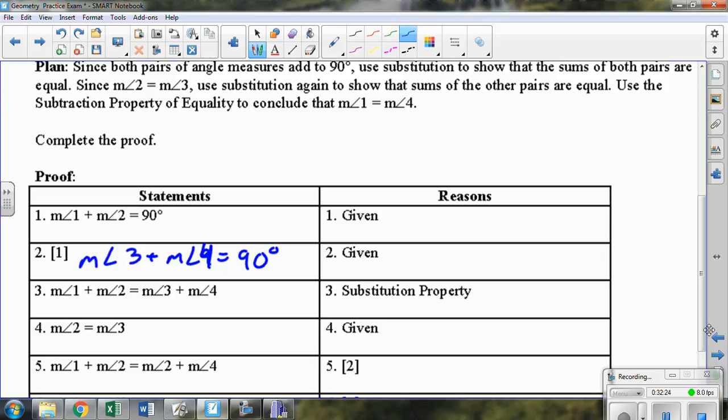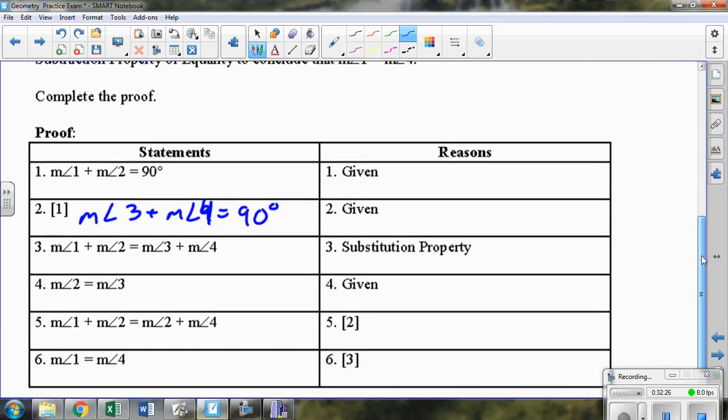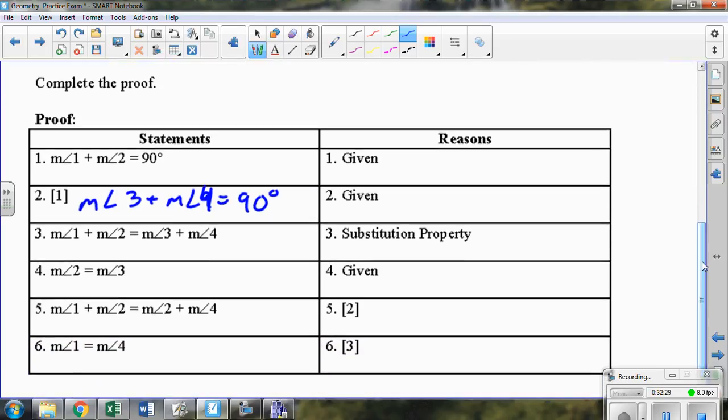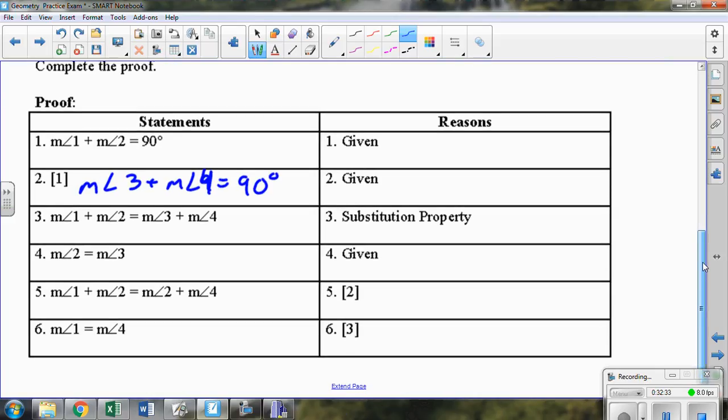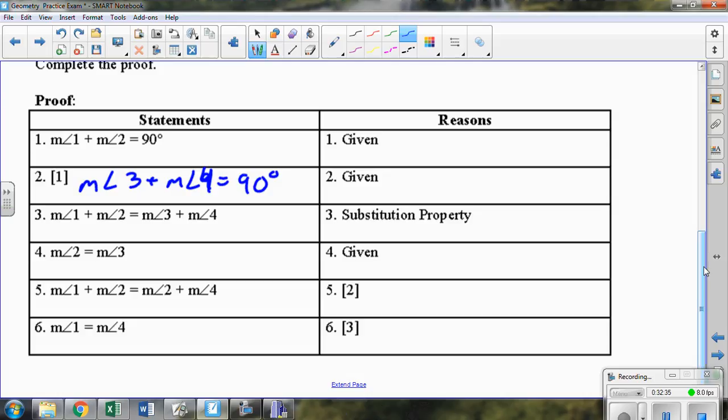All right, we've got that one built from the given. We can see then that line number 2 and line number 1 were substituted to create line 3. Introducing the given from line 4 will allow us to progress.